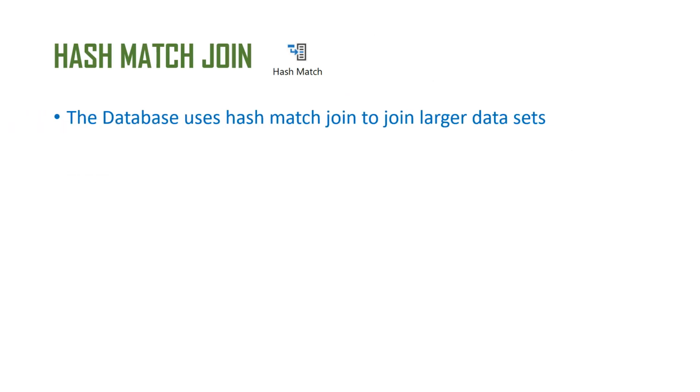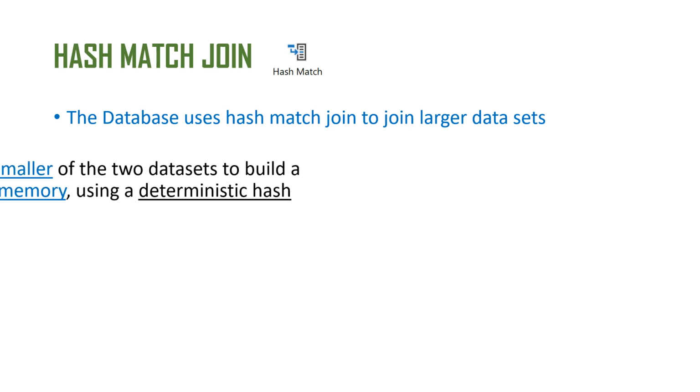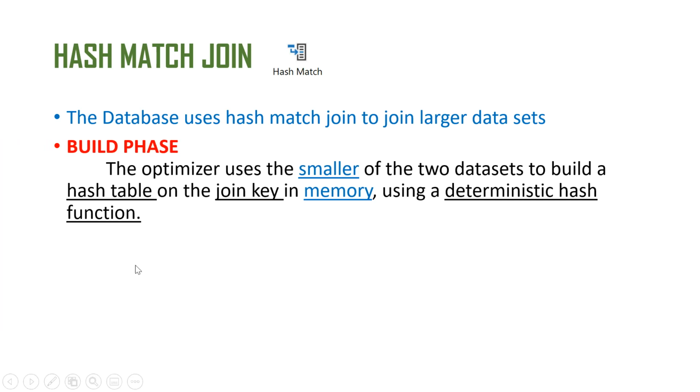implement your logical join. Firstly, the query optimizer uses the hash match join to join only the larger data set. There are two phases involved: the build phase and the probe phase. In the build phase, the optimizer uses the smaller of the two data sets, and it builds a hash table on the join key in memory using a deterministic hash function.